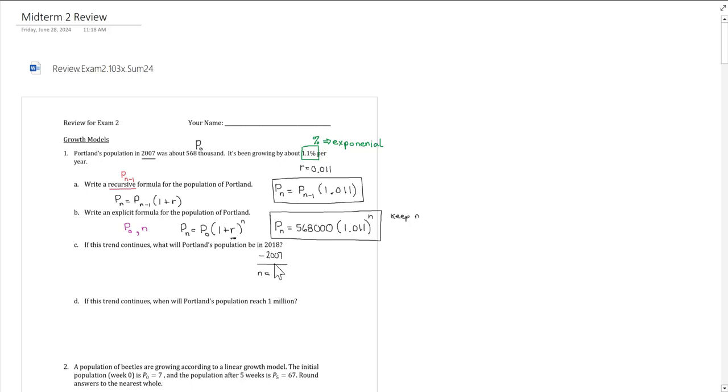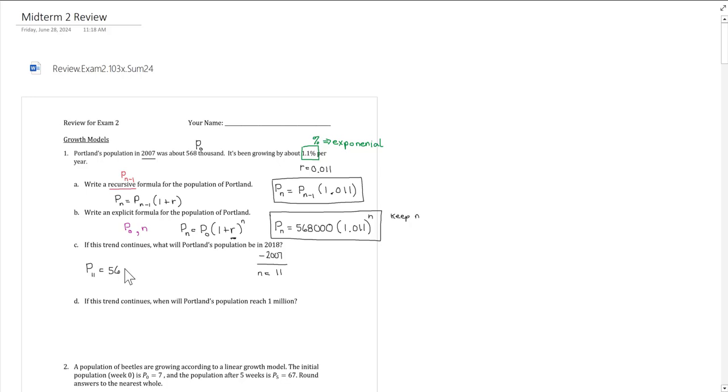Once I know what n is, then I want to plug it into my explicit formula. Plugging it into the recursive won't be helpful because I would need to know the population 1 year earlier, not 11 years earlier.